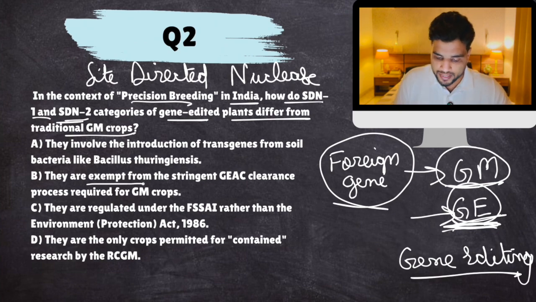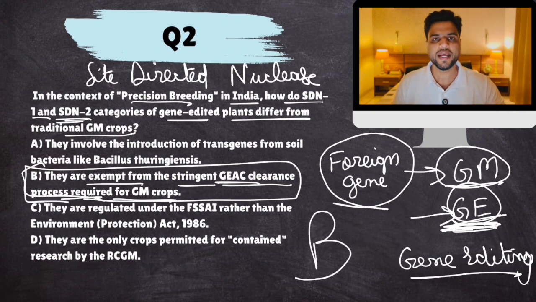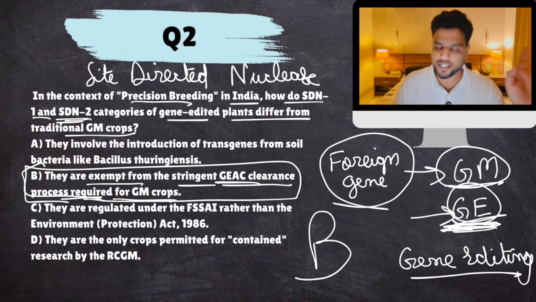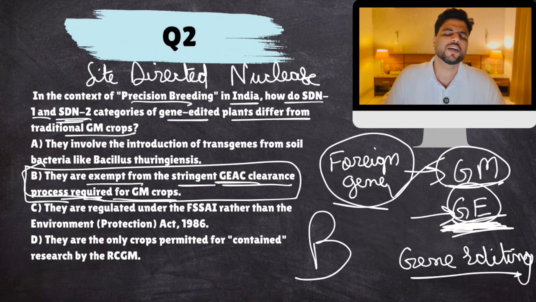They are exempt from the stringent GEAC clearance process required for GM crops. No GM crop can be released without GEAC clearance, but GE crops created through SDN1, SDN2 techniques require no approval. So this is the difference. Answer is B. In GE crops, no foreign gene is introduced, and because of that, it doesn't require any approval from GEAC.